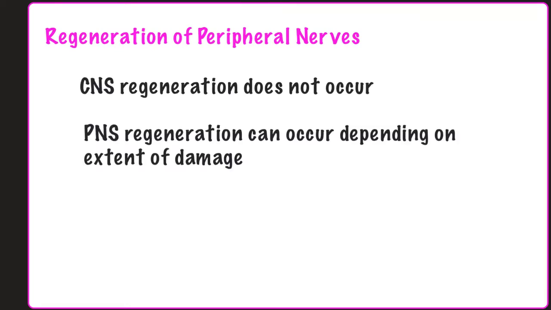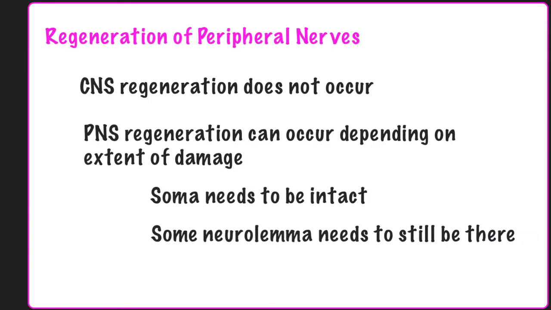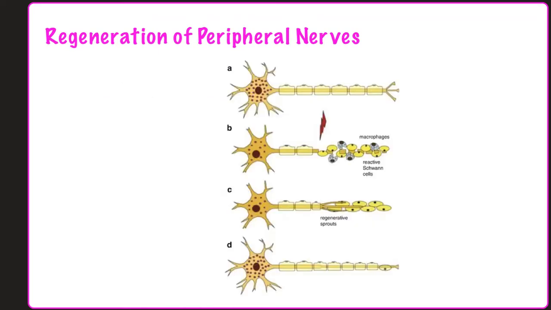In the peripheral nervous system, repair of a damaged peripheral nerve fiber can occur if the soma is intact. So if the cell body is still intact, if there is at least some neurolemma that remains, so there's some plasma membrane that is still there, then there's going to be a regeneration tube that's formed, and this is formed by those Schwann cells that myelinate within the peripheral nervous system.